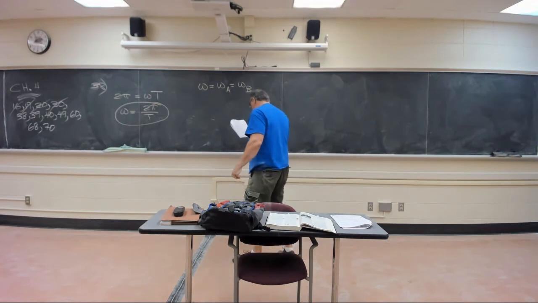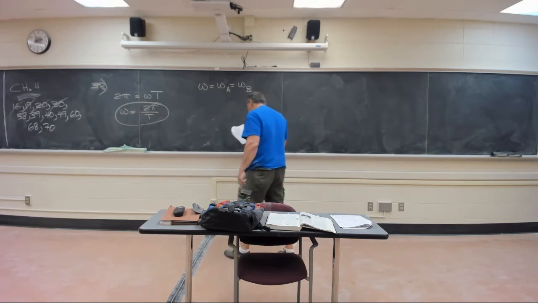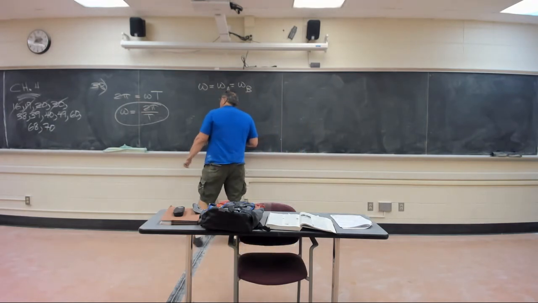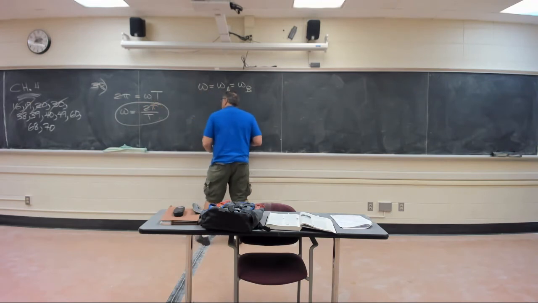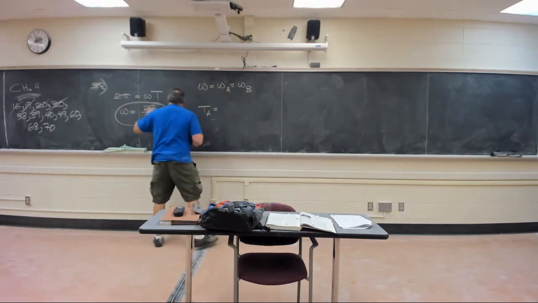So let us see what is going on here. If the omegas are equal, it's a lot easier than you think it is. Basically, man, this kind of solves the problem, guys. T sub A, what's T equal to? 2 pi divided by omega.